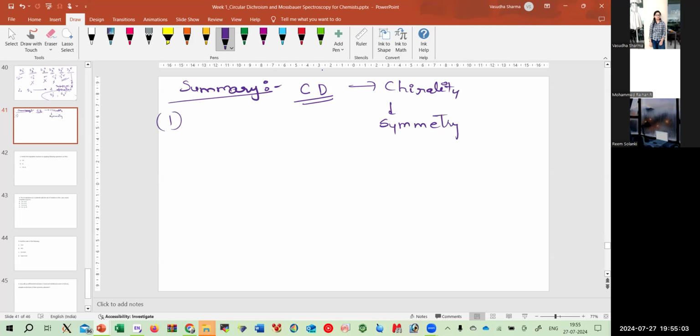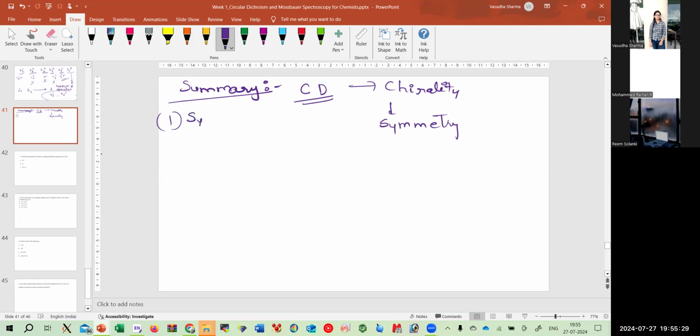This chapter is going to be helpful in any syllabus you find. Everywhere symmetry plays a very important role, and those who understand group theory well are able to solve any problem. That is from my experience at IIT, so I can relate what kind of questions come and where you can utilize it in your research. Anyhow, so this is chirality and symmetry.